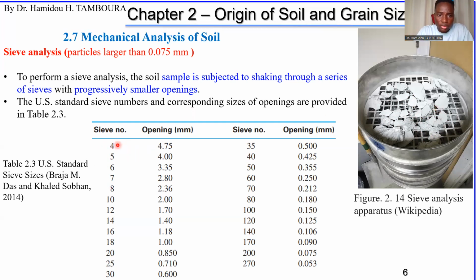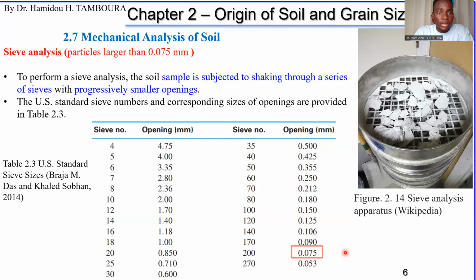For example, sieve number 4 means in 1 square inch, you will have 4 openings. That's why the sieve number is 4. And all of them are like this.